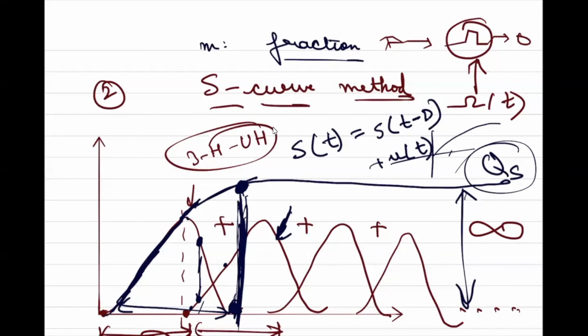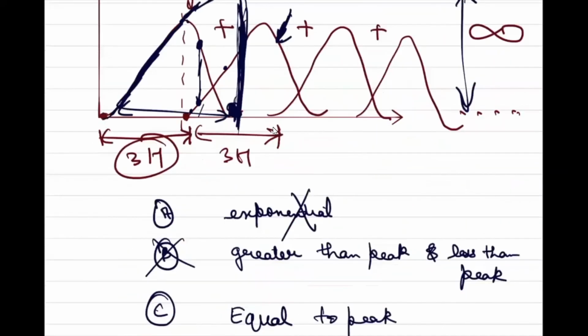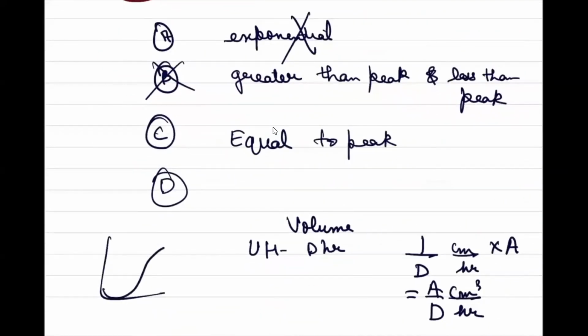Because you try it once: one hydrograph leaves, the second takes over, and the next takes over. But once the first part is over, there is no significant overlapping. That's where we get the Q_S, just immediately when the first hydrograph ends. Then you keep on adding infinite hydrographs. Your shape is not going to change, and since it looks like an S, it is called an S curve. Right?